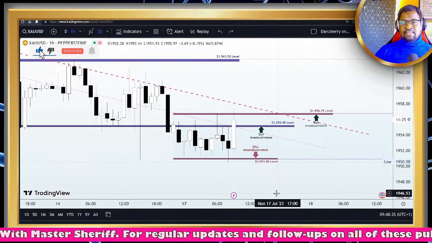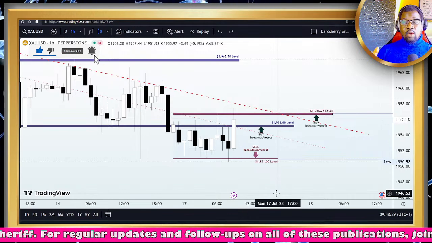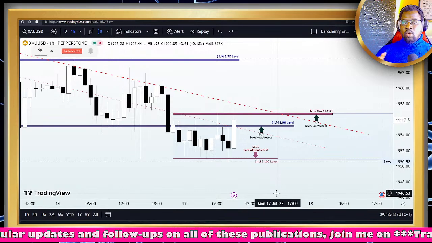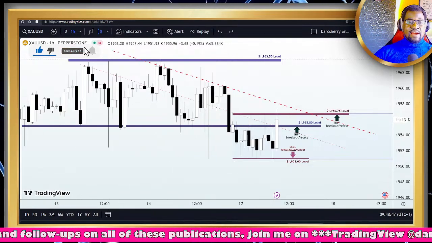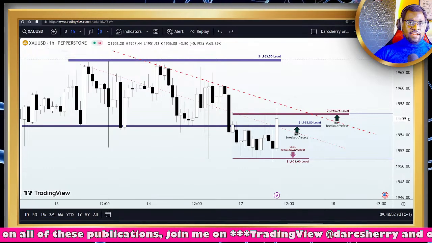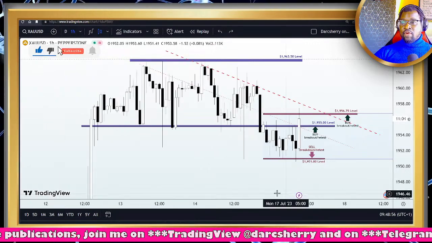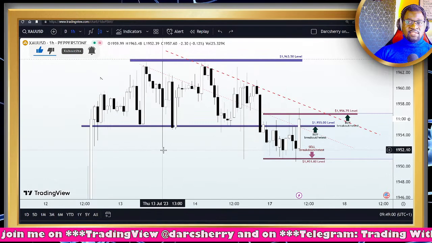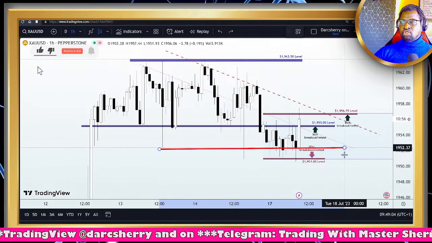So why have I decided to say that we are going to be buying? We are likely going to be seeing a buy today. Well, despite the lower highs we noticed here. Now, one thing you will notice here is that the area around the 1,951 level has been a very strong buying niche in this market since last week's trading session. And if we go as far back as, let's say, Thursday of last week, you will see how the zone has been a strong buying niche.